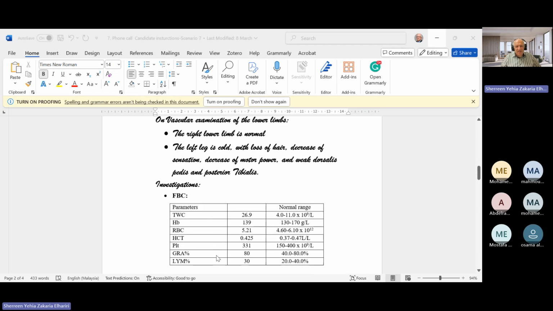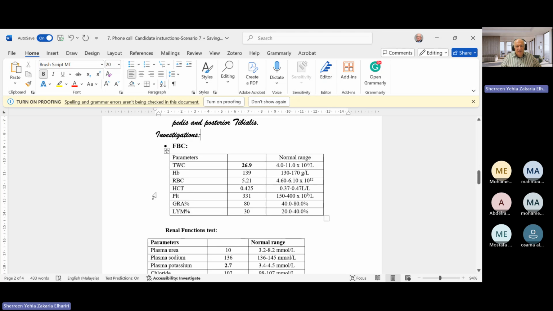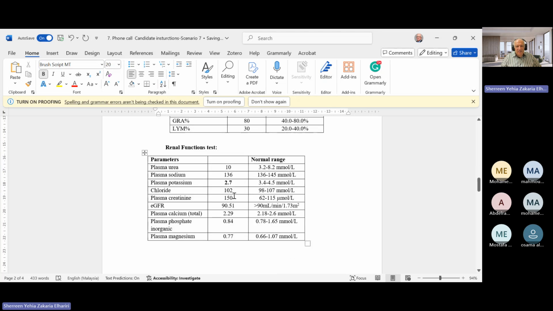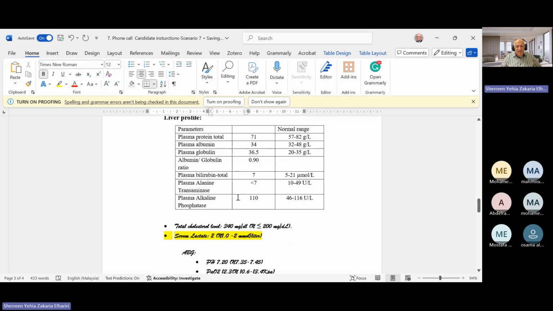Investigations: you can see here the white blood cell count is very high, 26. Hemoglobin 13. Renal parameters are okay, except plasma potassium is low. Lipid profile, I think, is okay.